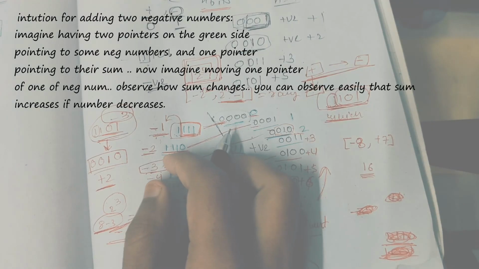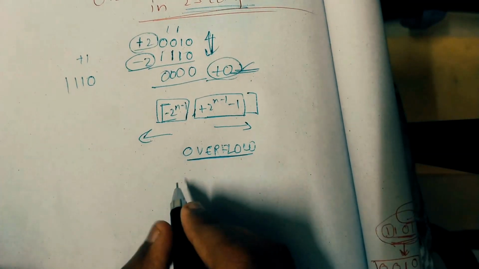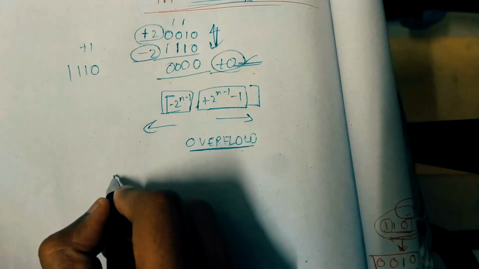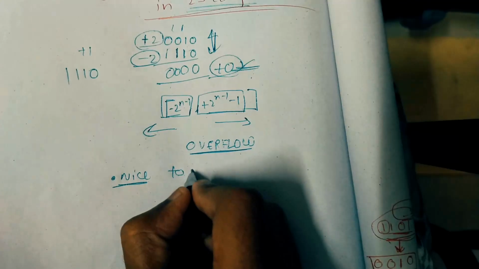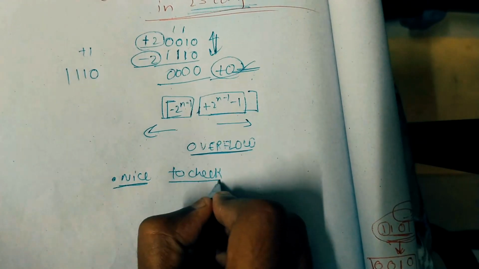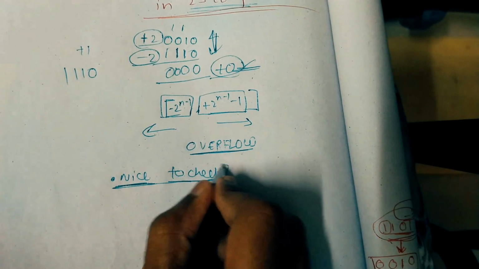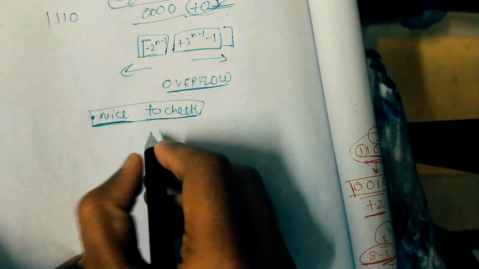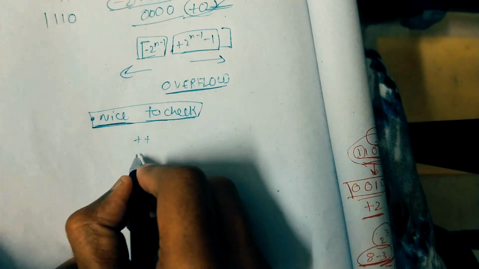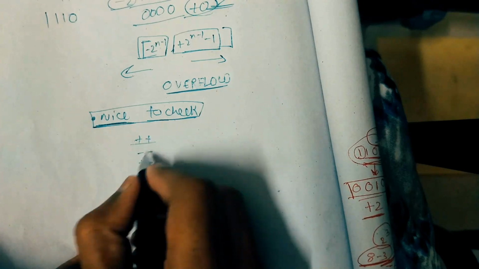Coming back to our overflow condition, there is a very nice way to check the overflow condition. We can have 3 cases here: plus plus, minus minus, plus minus. What do I mean by this?